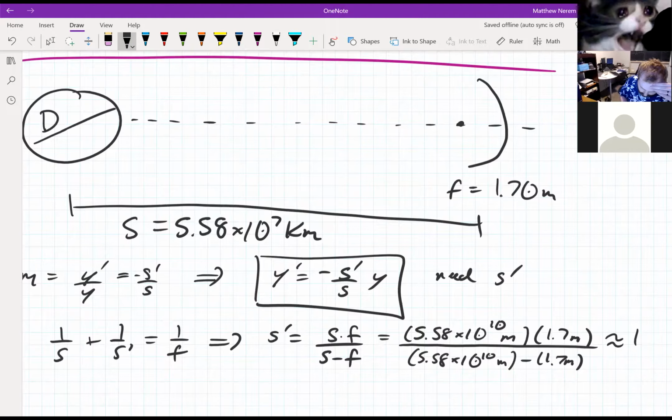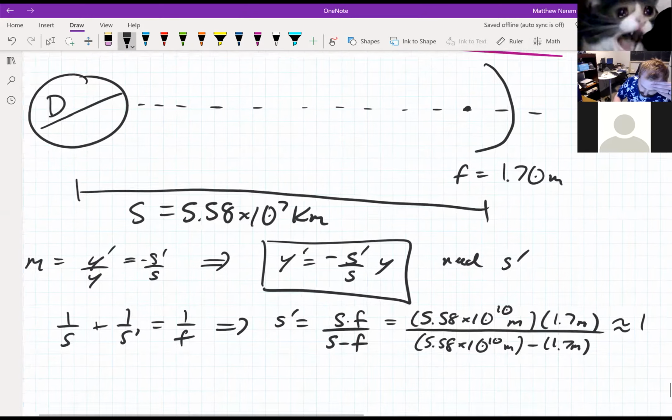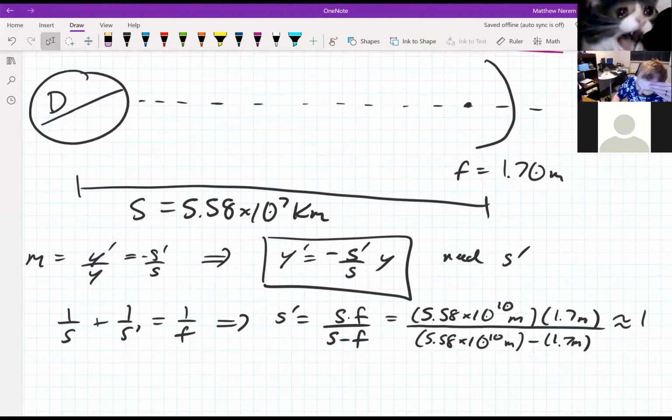Let's see here. It shouldn't be about 1. It should be close to the focal length. Let's just do the math and plug it in the calculator. S is 5.58 times 10 to the 10th, F equals 1.7. S times F over S minus F should be about the focal length.